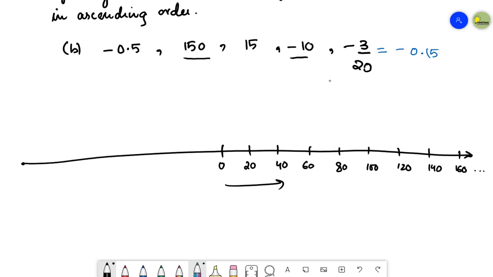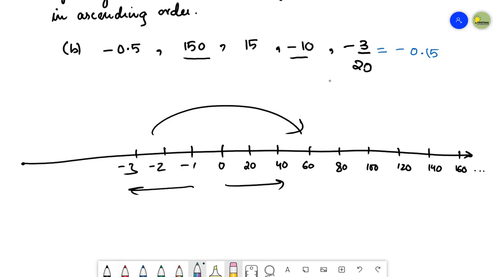Okay, let's talk about the left hand side before 0. We have negative values before 0, but keep in mind that you cannot plot like this: -1, -2, -3. No, you have to follow the same numbers on the left hand side as you have done on the positive side. So just follow the same distance and same numbers.